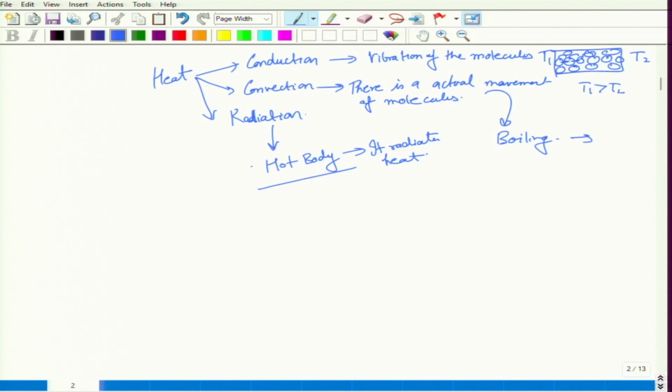So these are the different processes through which there is a transfer of heat, and the main important point that you shouldn't forget is that temperature differences should be there.